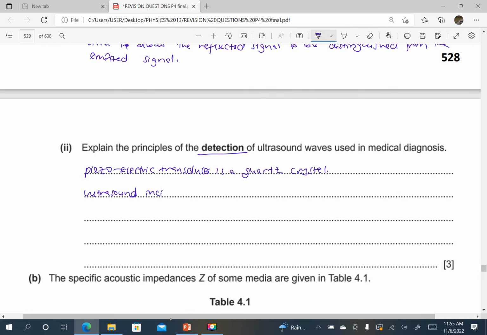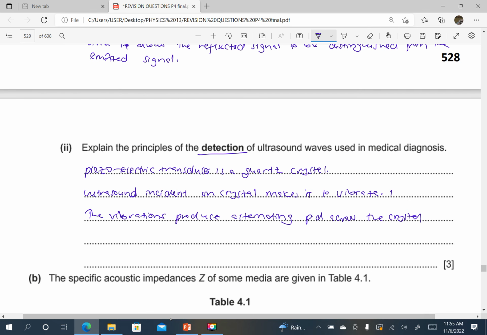Ultrasound incident on the crystal makes it vibrate.